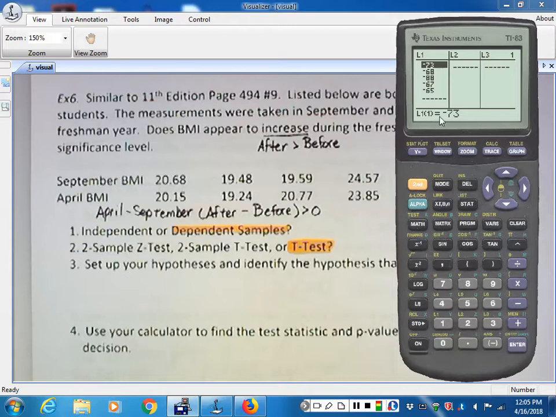So when we do these, we're going to do 20.15 minus 20.68. So the actual first difference is negative 0.53. And then the second one is going to be 19.24 minus 19.48, which is also negative.